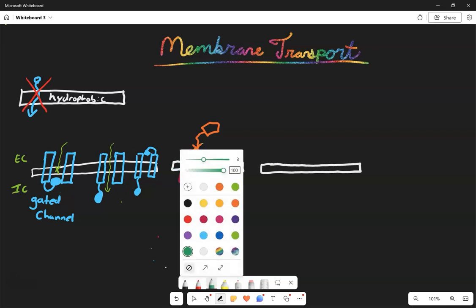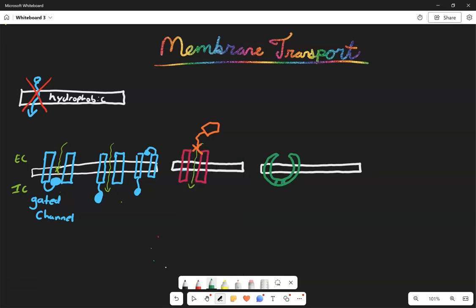These carrier proteins will look a little bit like this.